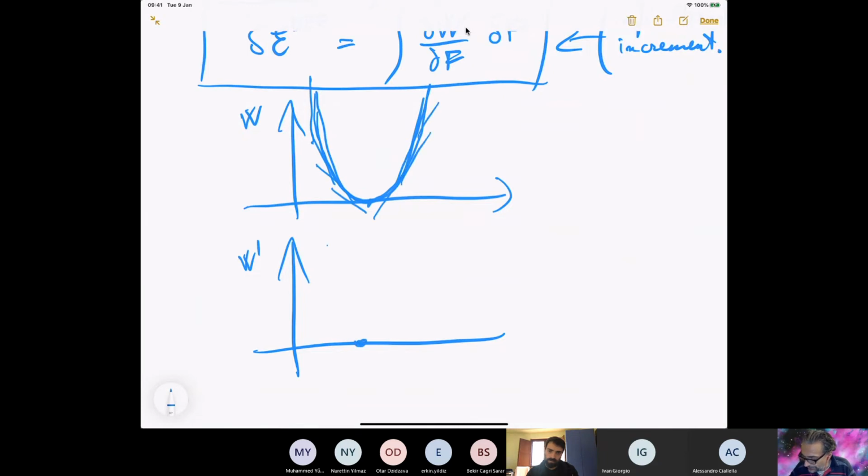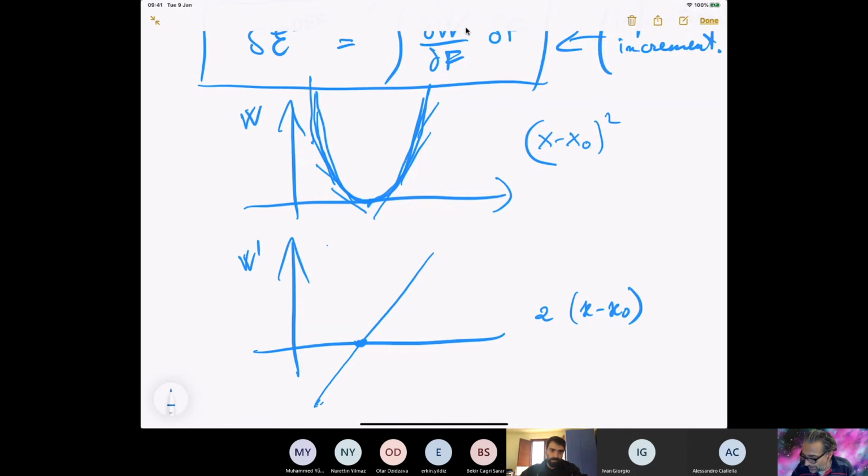So you have this. Okay. So if you have (x minus x0) squared, the derivative is 2(x minus x0).